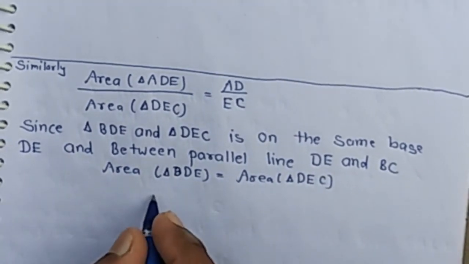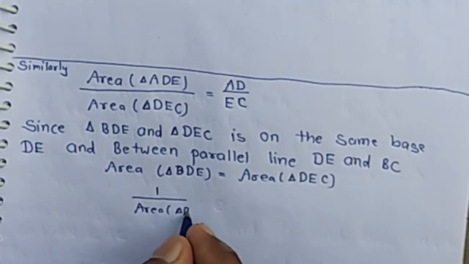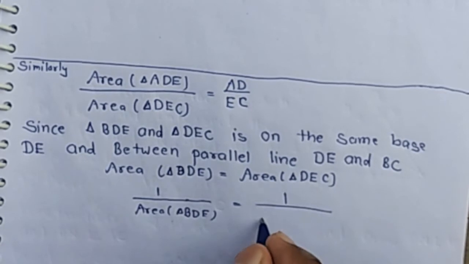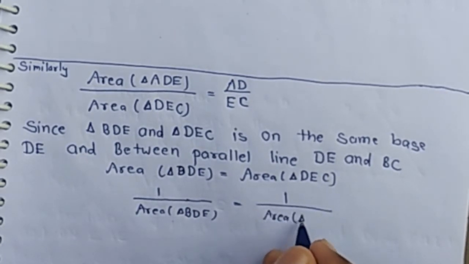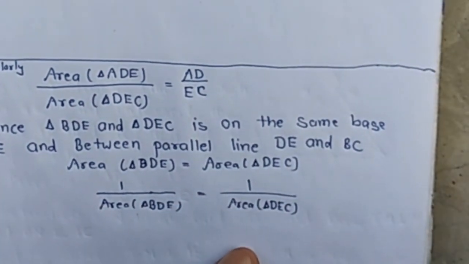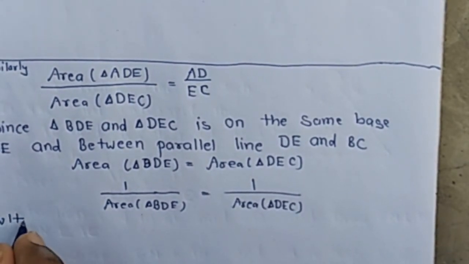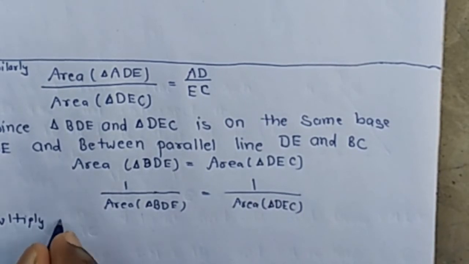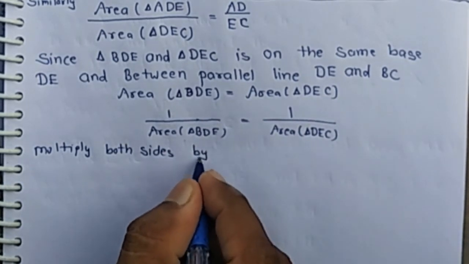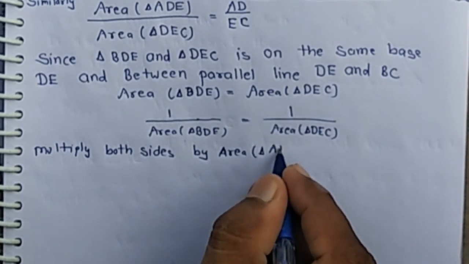Its reciprocal is also equal, meaning 1 by area of triangle BDE and 1 by area of triangle DEC. Now multiply both sides by area of triangle ADE.